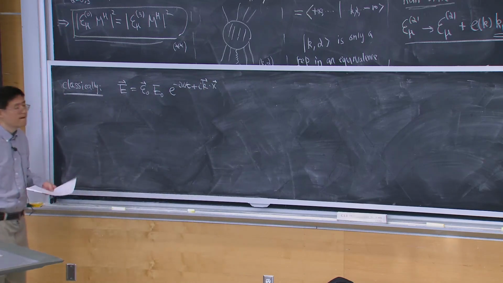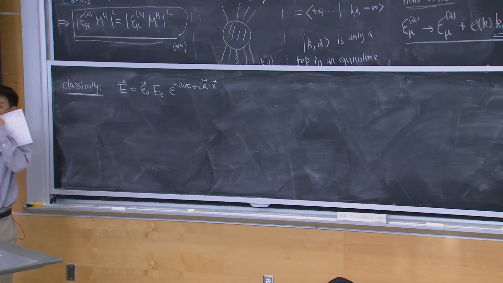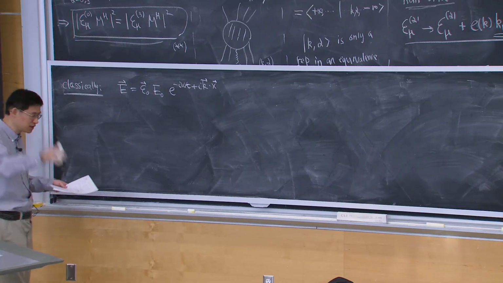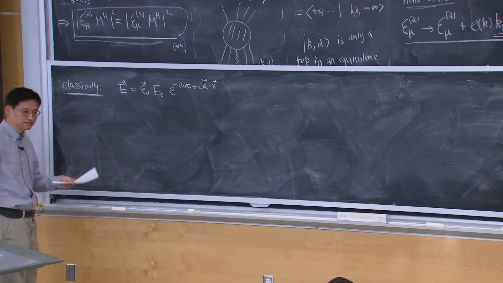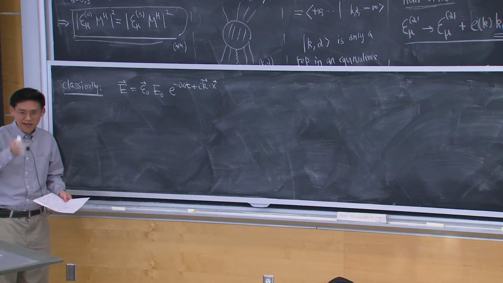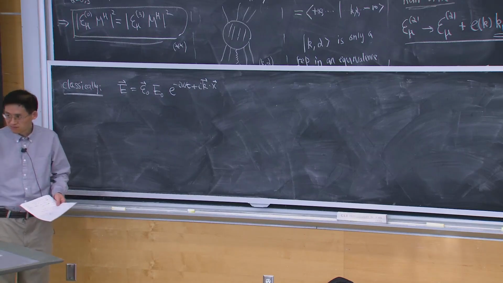From classical electrodynamics, light is just a wave. When you shine the light on a material, the light will scatter. And the physical description of the light scattering is the following.